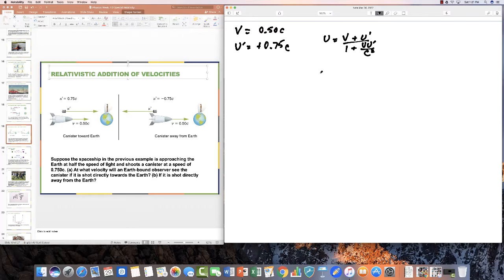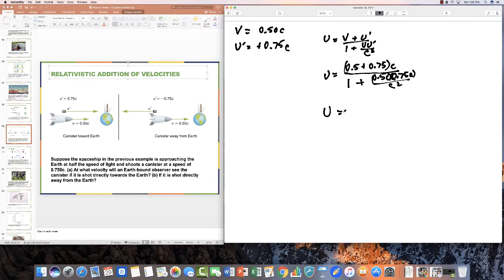And so if we put the numbers in here, u is equal to 0.5 plus 0.75, both of those times c, over 1 plus 0.5c times 0.75c over c squared.